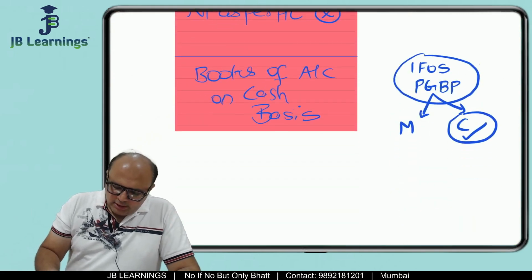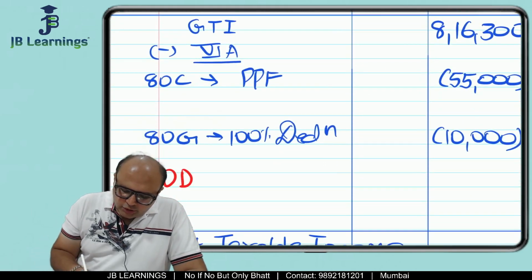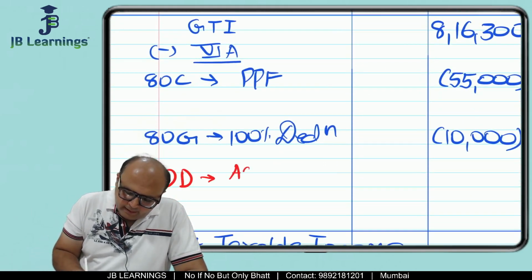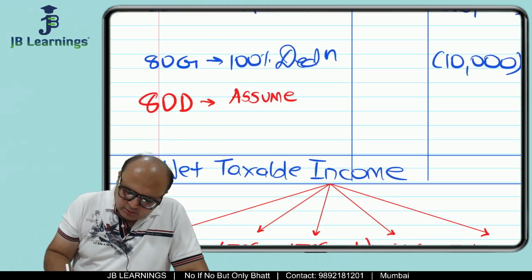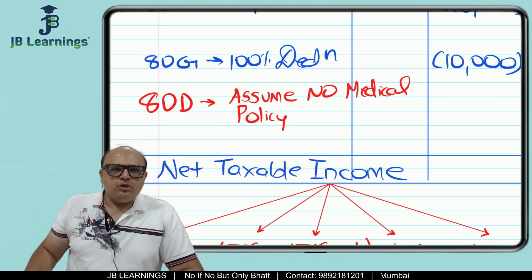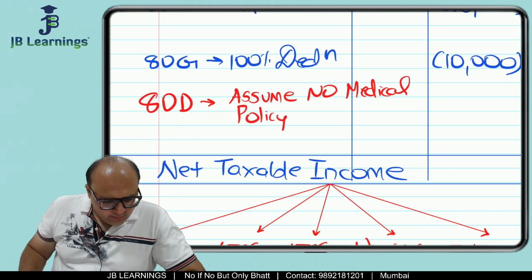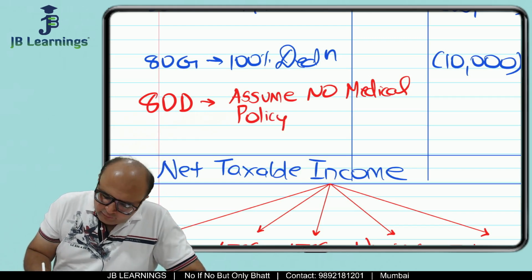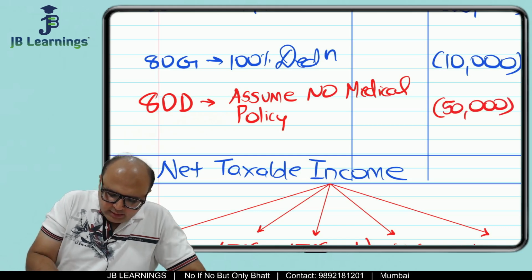Now this institute has written, we assume that there is no medical policy. So in my opinion, if you don't assume this and don't take a deduction, that is also fine, friends, because they have written, we assume that there is no medical insurance policy, and therefore you get another deduction of 50,000 in 80D being a senior citizen.